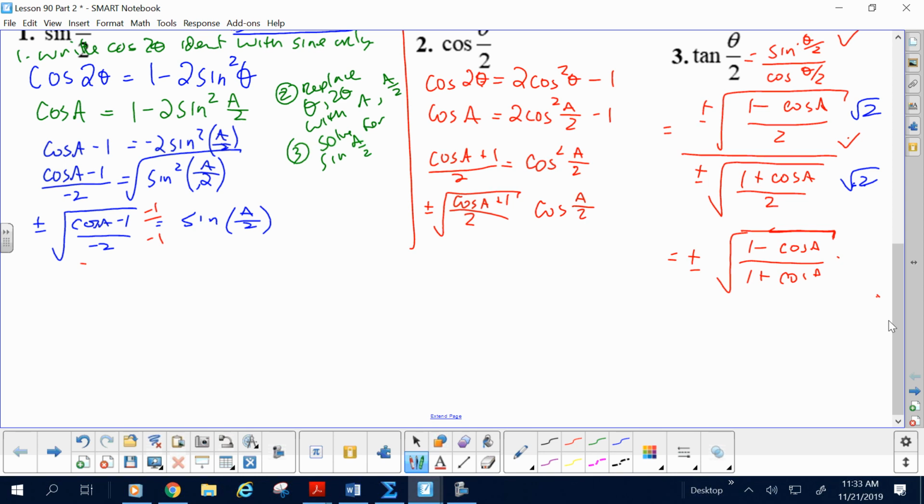So if we multiply by cosine, what about multiplying top and bottom by cosine? That makes this cosine squared, but that's cosine minus cosine. That doesn't get anywhere.